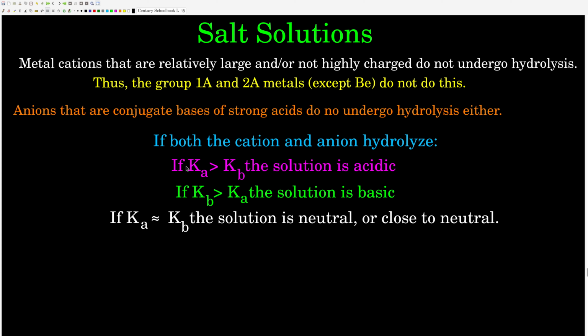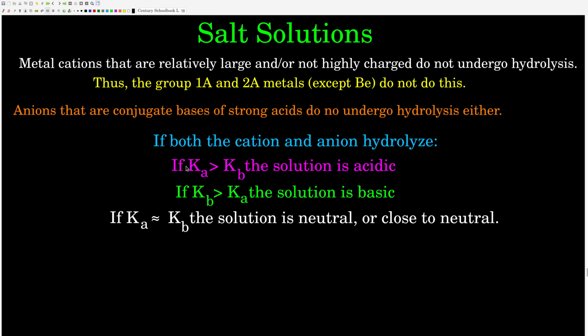Now, we said this before, if we have an anion that's a conjugate base of a strong acid, then no hydrolysis. By hydrolysis, I mean reacting with water and making it either acidic or basic. We saw with the fluoride ion, the hydrolysis produced hydroxide. We just saw with the aluminum ion, the hydrolysis produced the hydronium ion.